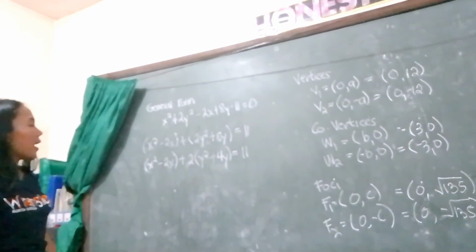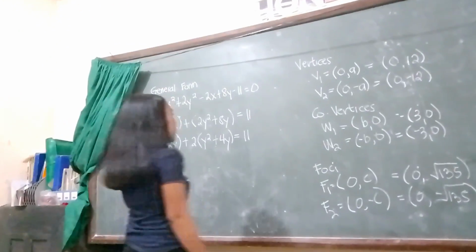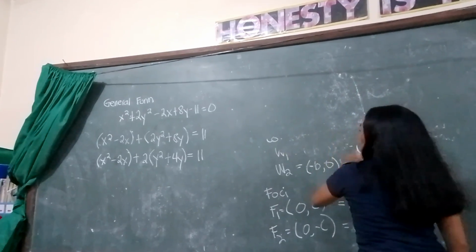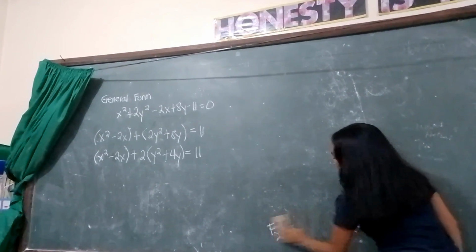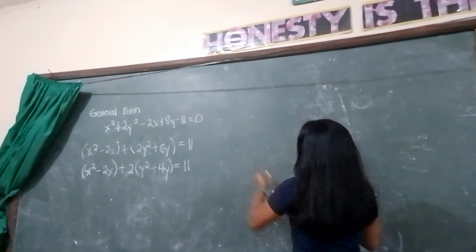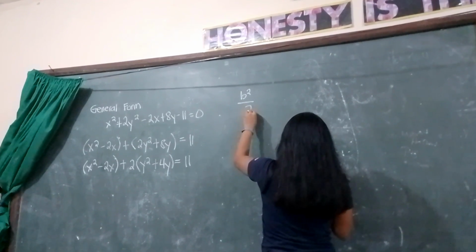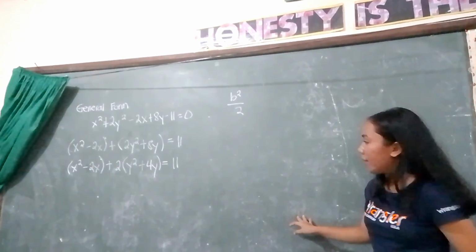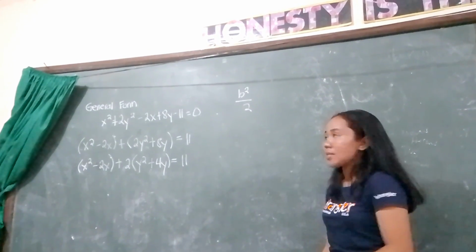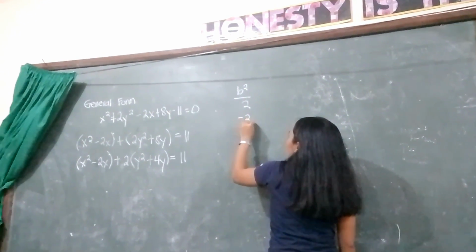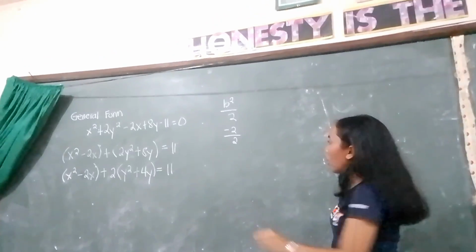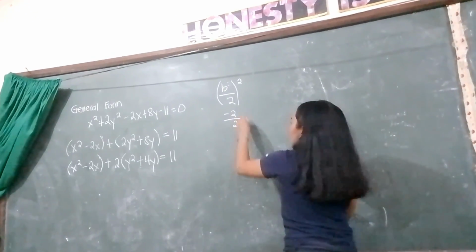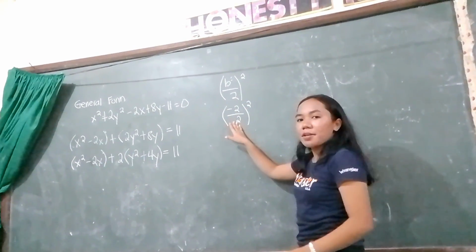And by completing the square, we have the formula b all over 2 raised to the power of 2, where our b is the coefficient. So in here, our b is equal to negative 2, so negative 2 all over 2 is equal to negative 1.